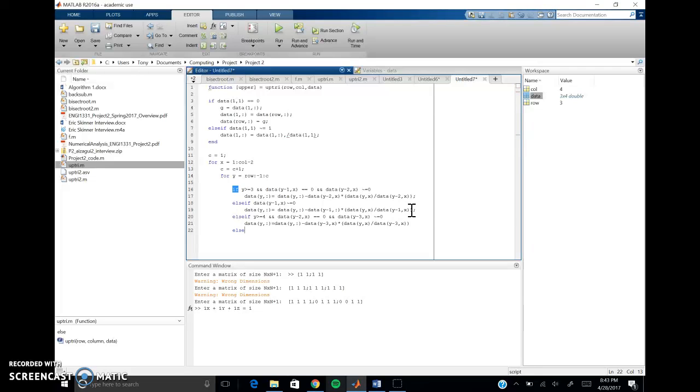And if that fails, you find where there is no 0 in that column. You say I equals find where data of all rows, certain column does not equal 0.